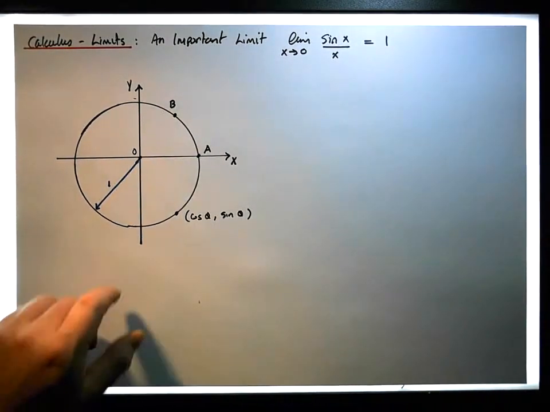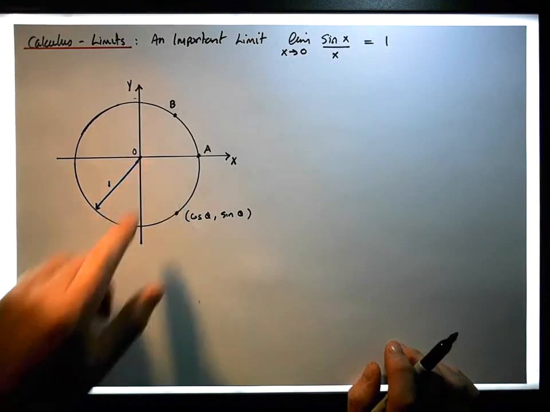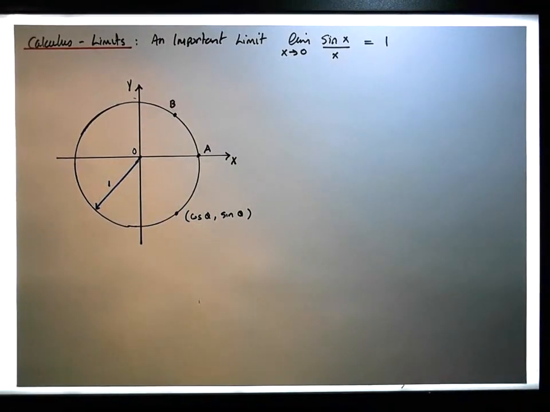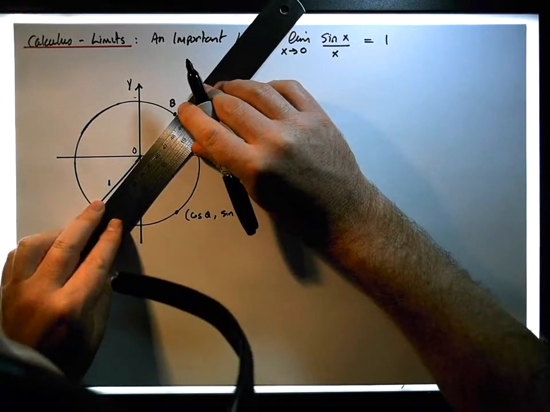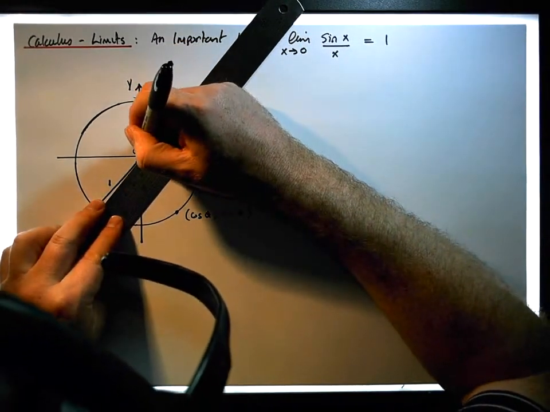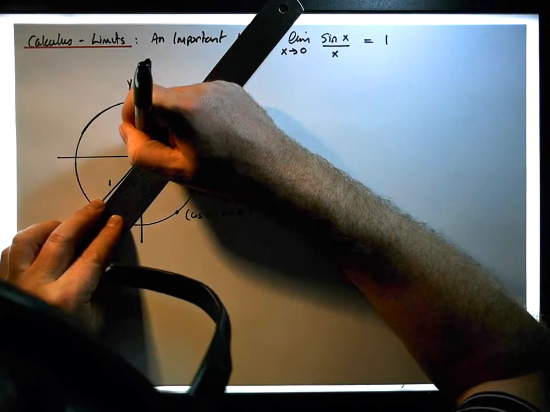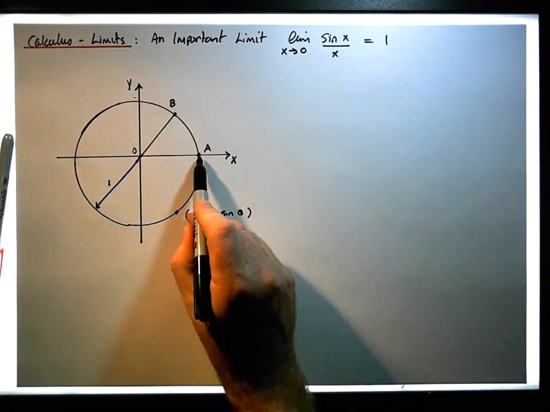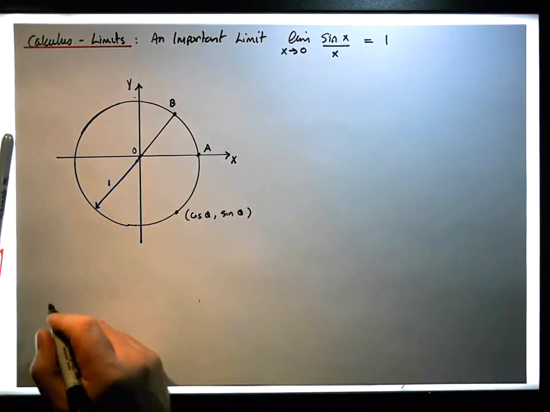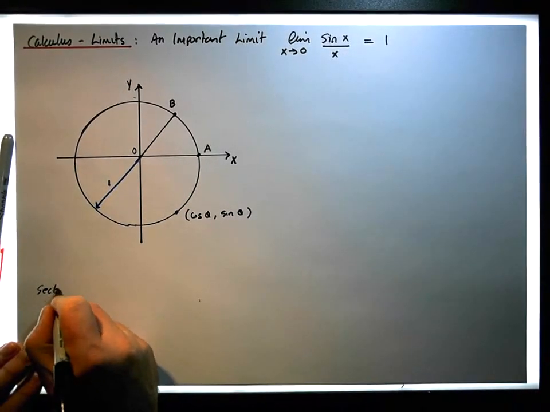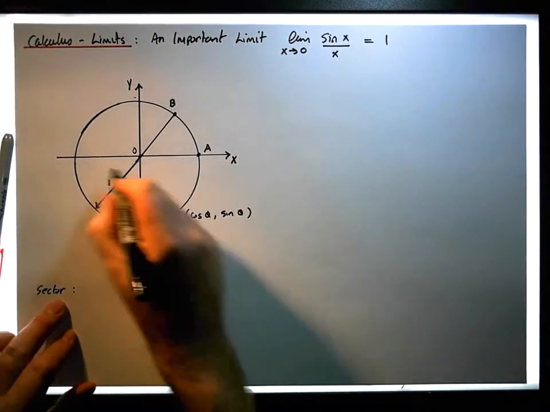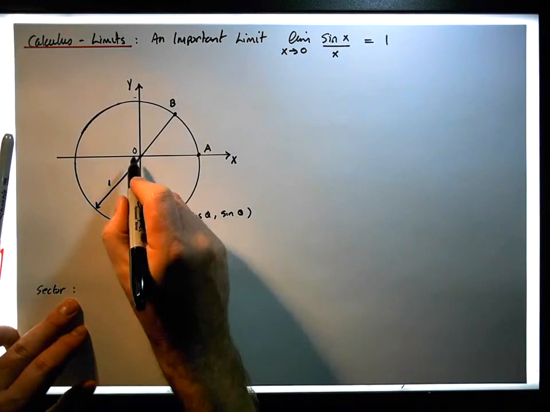So effectively now we have a sector of the circle, and let me get my ruler to draw that sector here. This is quite a big ruler. Now we have an important sector that we're going to keep an eye on, the sector OAB.